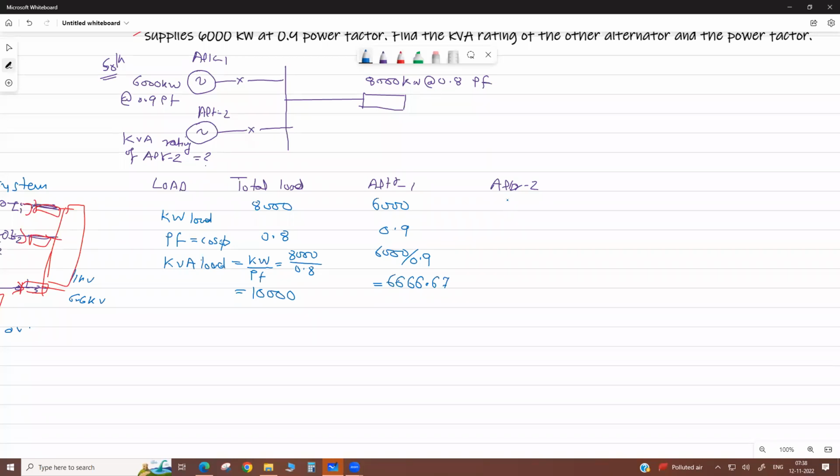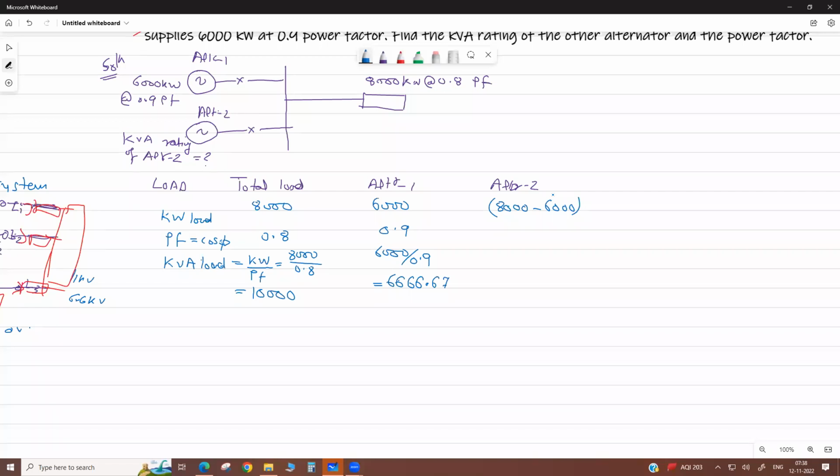Then we can calculate the load shared on the other machine, which equals the total minus the share of the first machine. If we calculate in kilowatt, it comes out directly.